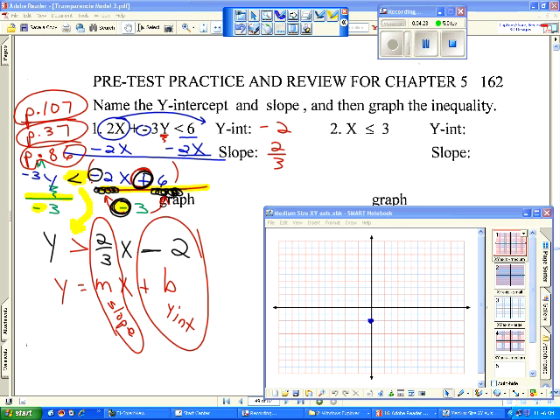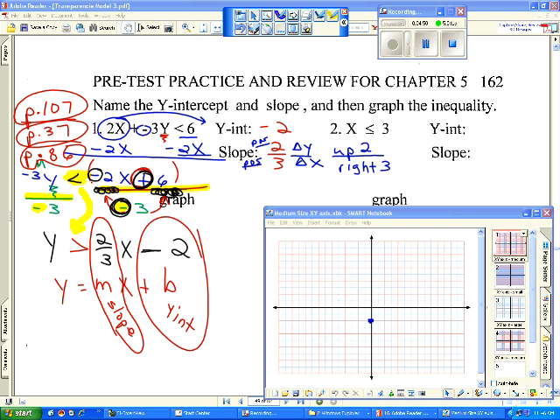The slope of 2 over 3 is change in y over change in x. When the change in y is positive, you go up, because the positive direction for y is up, so it means to go up 2. When the change in x is positive, you go to the right, because the positive direction for x is to the right, so you go up 2, right 3. From where?